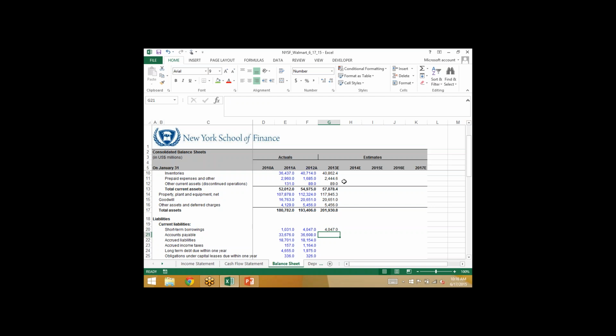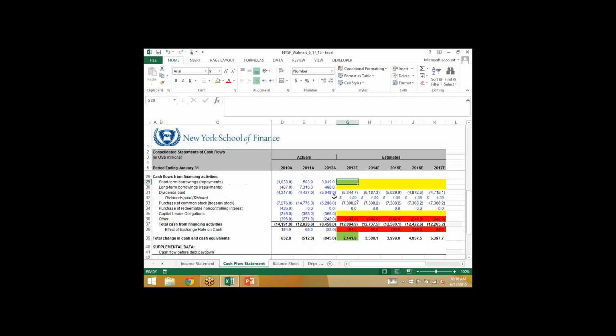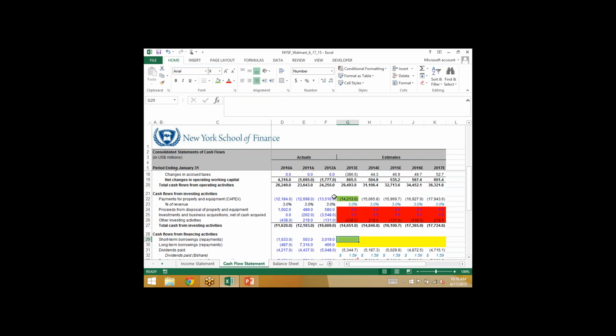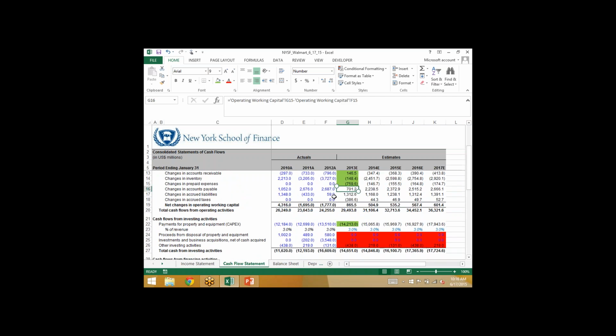Okay. Accounts payable. What cash flow statement line item drives accounts payable? Changes in accounts payable. And if changes in accounts payable is positive, will that increase or decrease the accounts payable account?